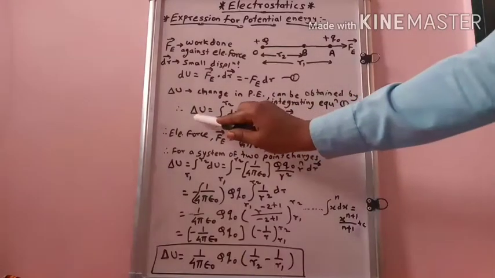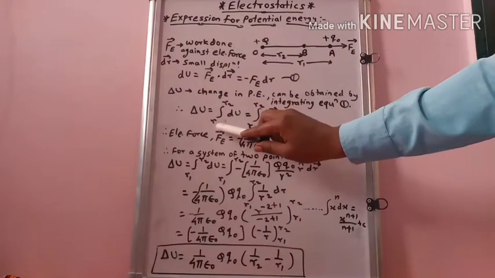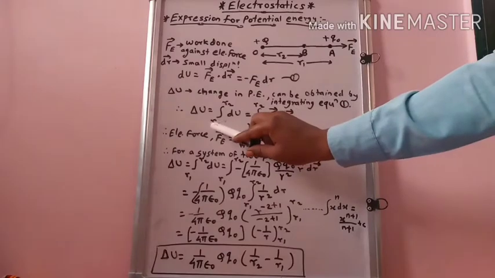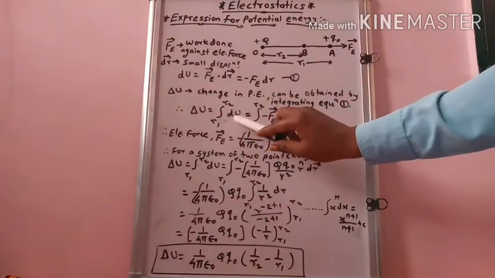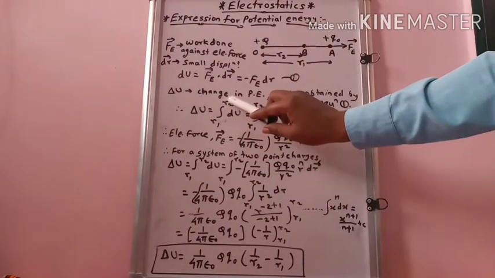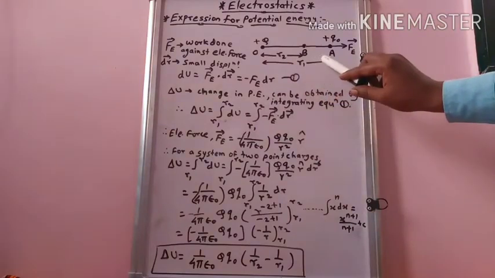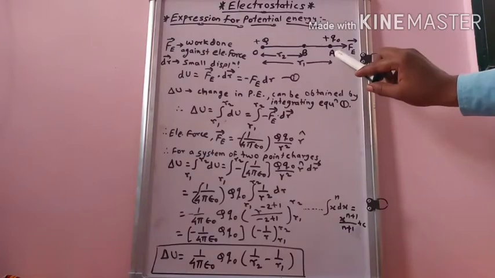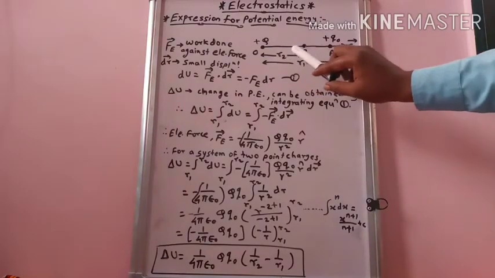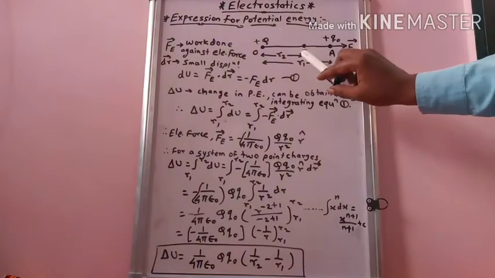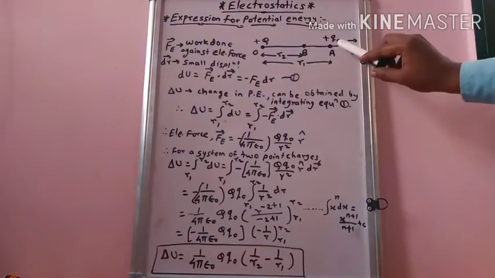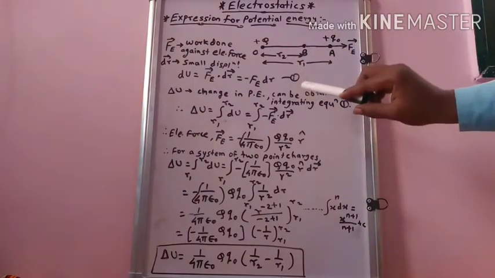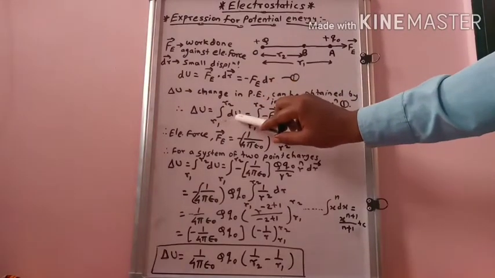Therefore, delta U is equal to the integral with limits R1 to R2 of dU. R1 is the distance of the charge at point A, and R2 is the distance of the charge at point B, and the charge is moved from R1 to R2, that is A to B.